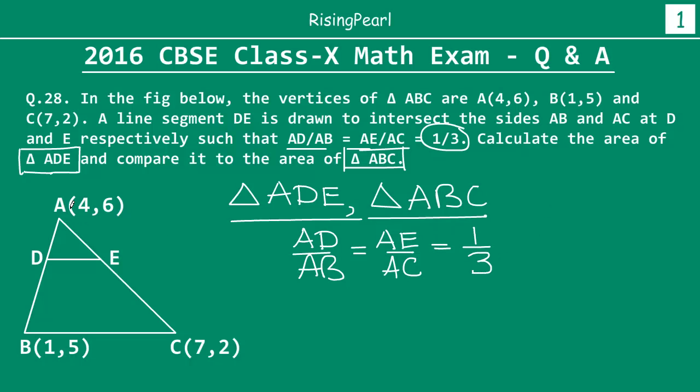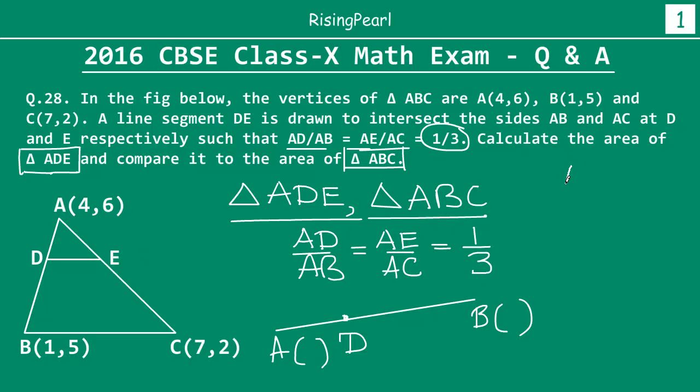If we take the line AD, or think about any line like this, if this is A and this is B, and we know the coordinates of these two points, and here we have point D, the ratio of AD to AB is 1:3.